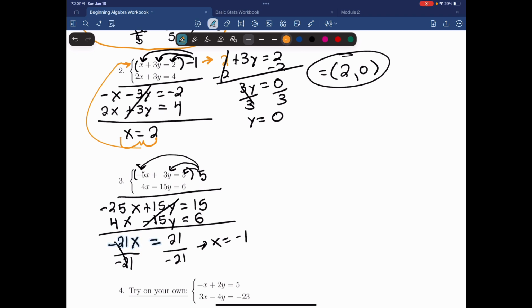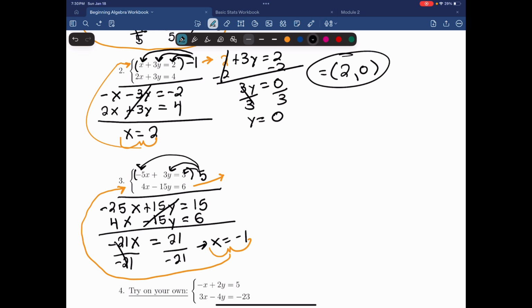Now, I encourage you to pause the video and try to find the y part of the coordinate. And assuming you have done that, let's go through this together. So to find the y part of the coordinate, I'm going to first start by plugging in x to one of the equations. This time I'm going to plug it into the bottom equation.